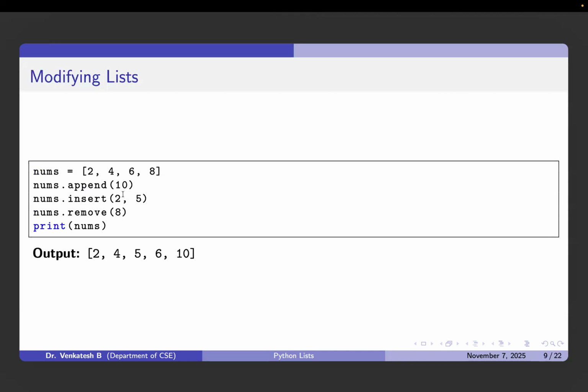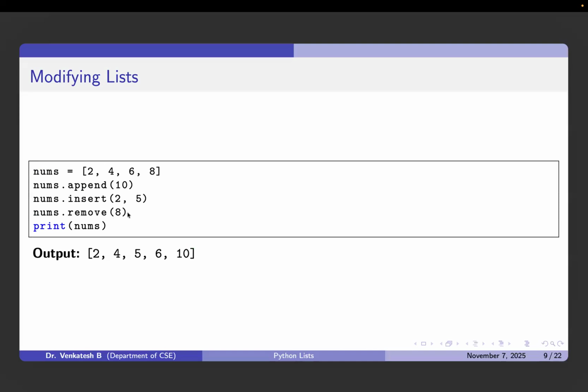Modifying a list. We create a list with 2, 4, 6, 8, and we append 10, so 10 is added after 8. insert(2, 5) means at index 2 we insert a 5. So after the second element, that is after 4, we insert 5.